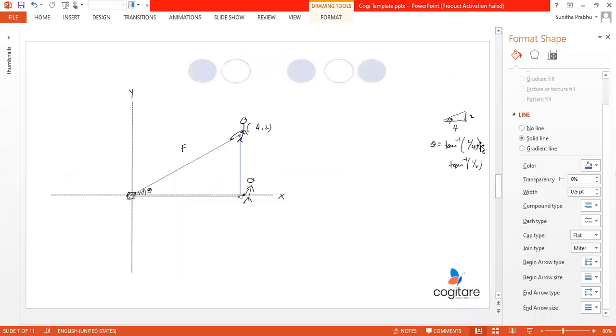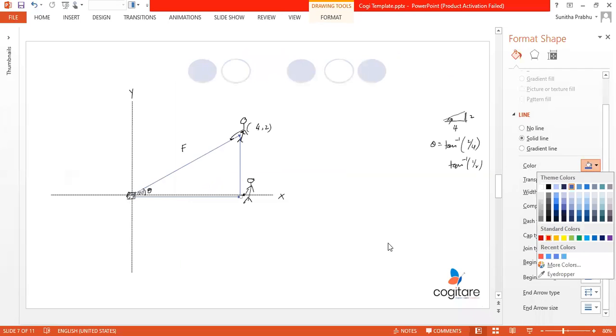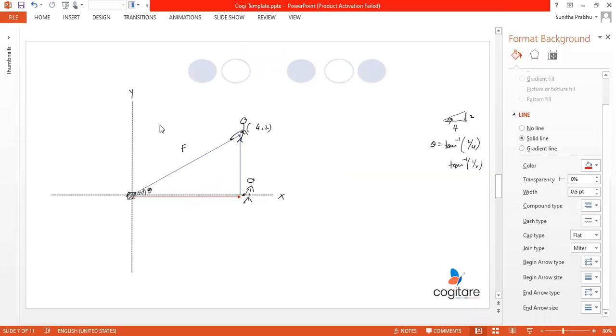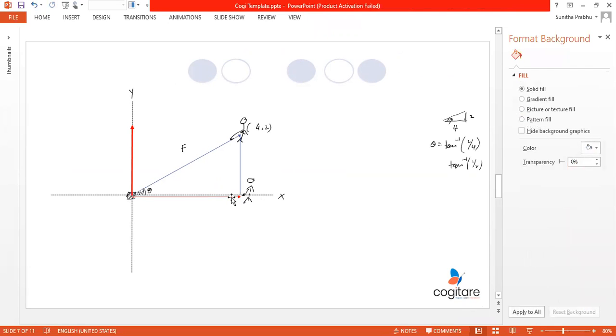I am going to draw that so that you can see it easily.